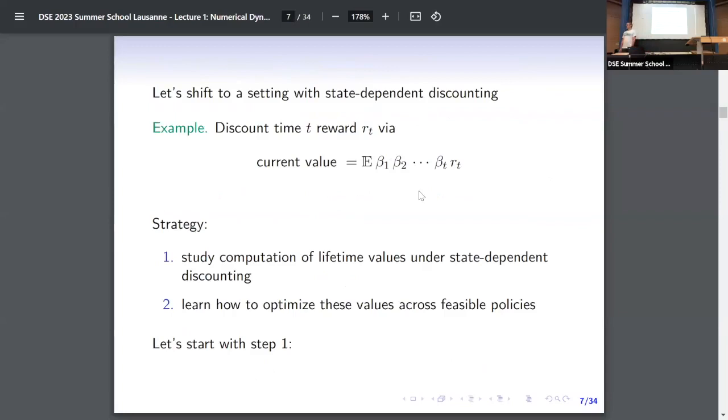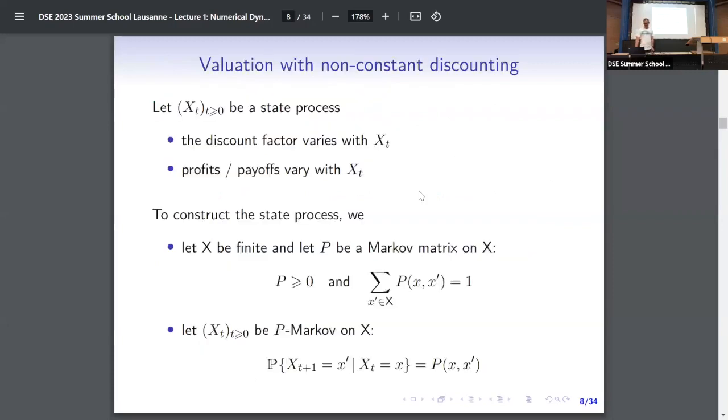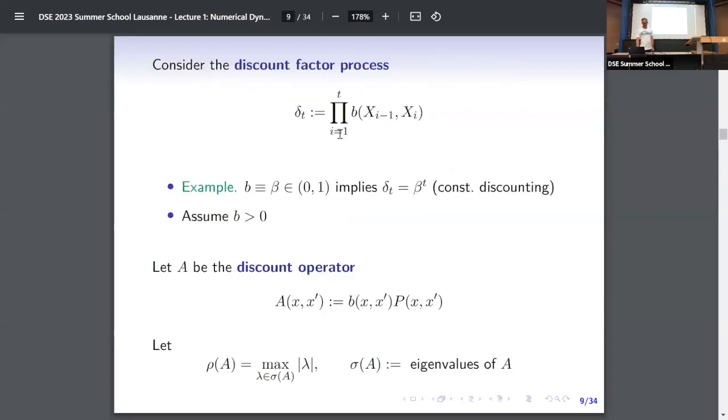It's just a situation where these betas are driven by the state process X. So that's our time t discount factor. If, for example, this B was going to be equal to a constant beta, then obviously this product would be just beta to the power of t, and we're back to the traditional model.